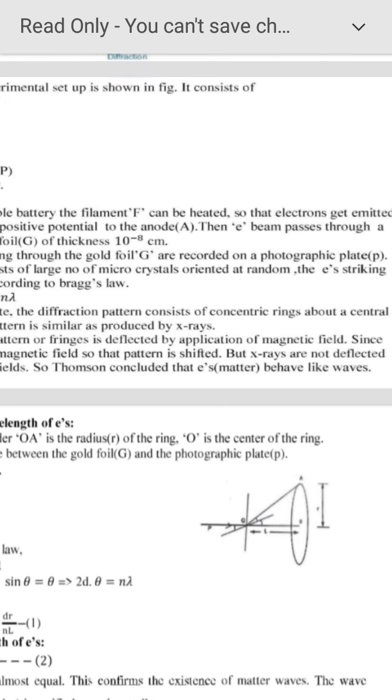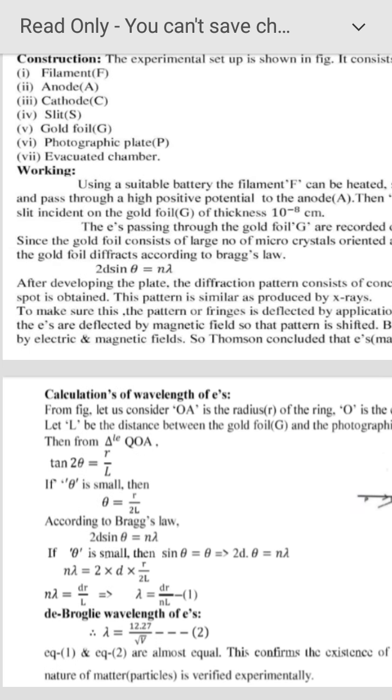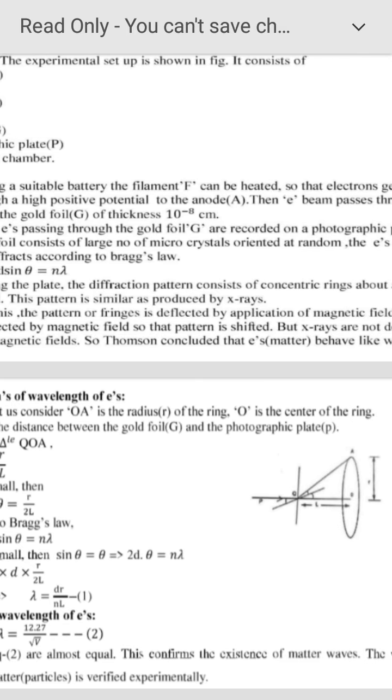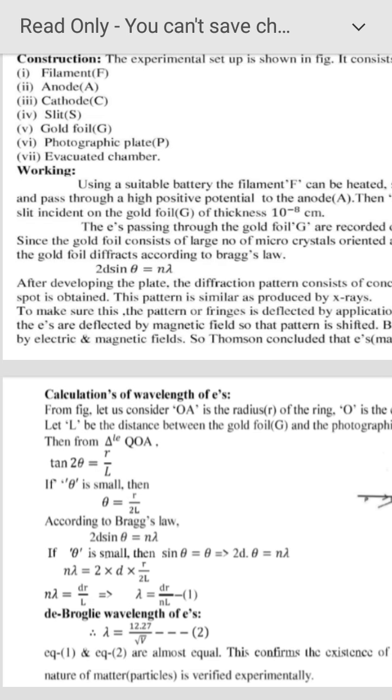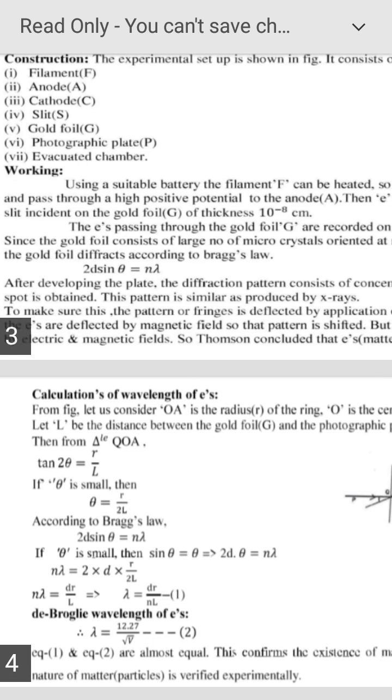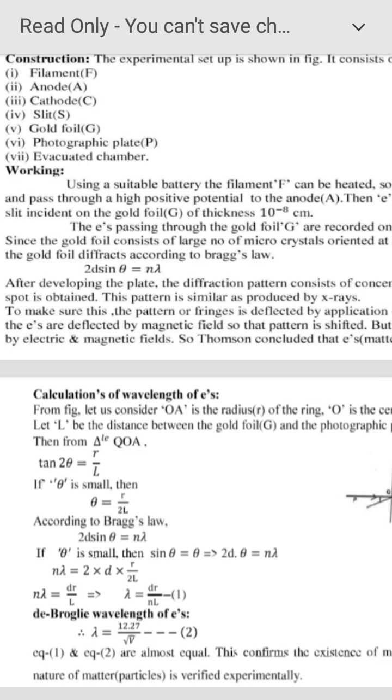But X-rays have no charge, so they are not deflected by electric and magnetic fields. As this pattern is shifted as a whole when the magnetic field is applied, Thomson concluded that electrons behave like a wave.